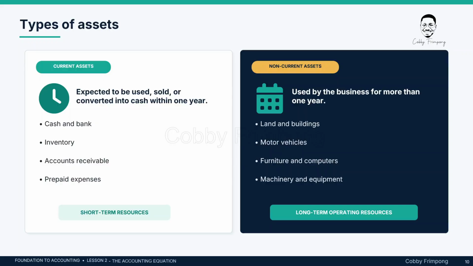Examples of current assets are cash and bank, inventory, accounts receivable, and prepaid expenses. Non-current assets are used over a longer period and are not normally bought for immediate resale. Examples are land and buildings, motor vehicles, furniture and equipment, machinery and equipment.